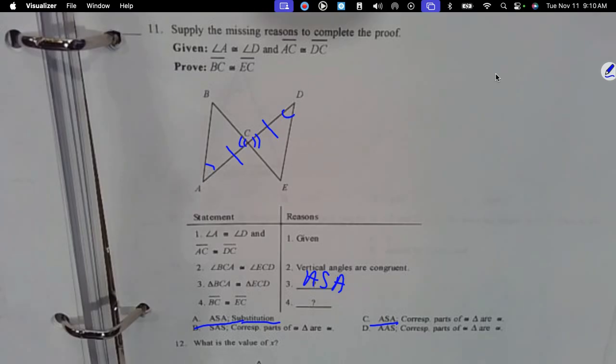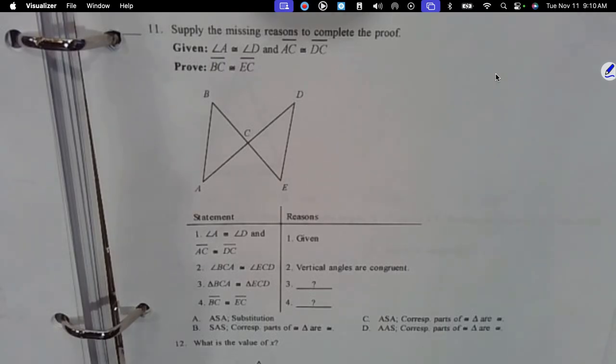Which one of those is CPCTC? C. Corresponding parts of congruent triangles are congruent. That's the CPCTC. Does everybody know that? Corresponding parts of congruent triangles, it's just the letters. So it's C, your answer is C. Once you prove the triangles are congruent, you know that the parts are congruent. Are we okay with number 11? It's just like it, y'all, just like it.